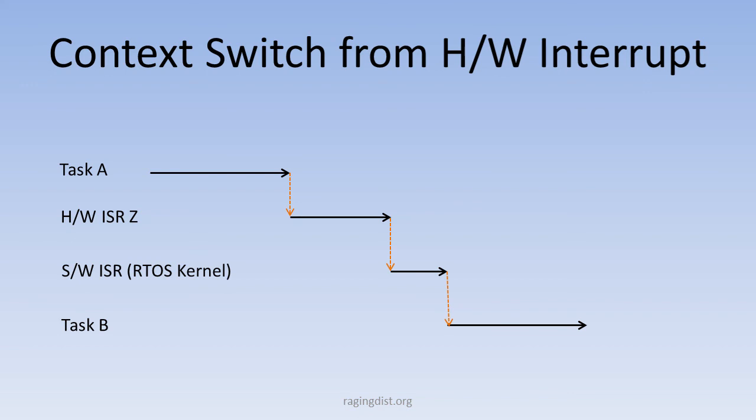Since the software ISR is a higher priority than task A, instead of going back to task A like it normally would, it context switches over to this software ISR, executes that, and then inside of the software ISR, the kernel decides that task B needs to be running. So it finishes saving off everything which task A was doing, because when the ISR happened, actually not everything was saved. It finishes saving that off, puts task B in, and task B begins to run.